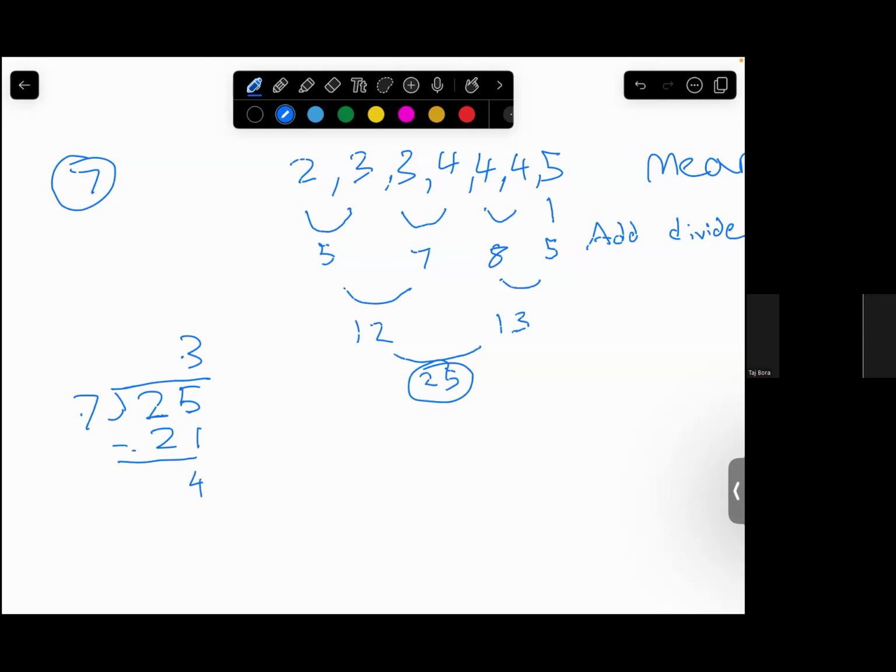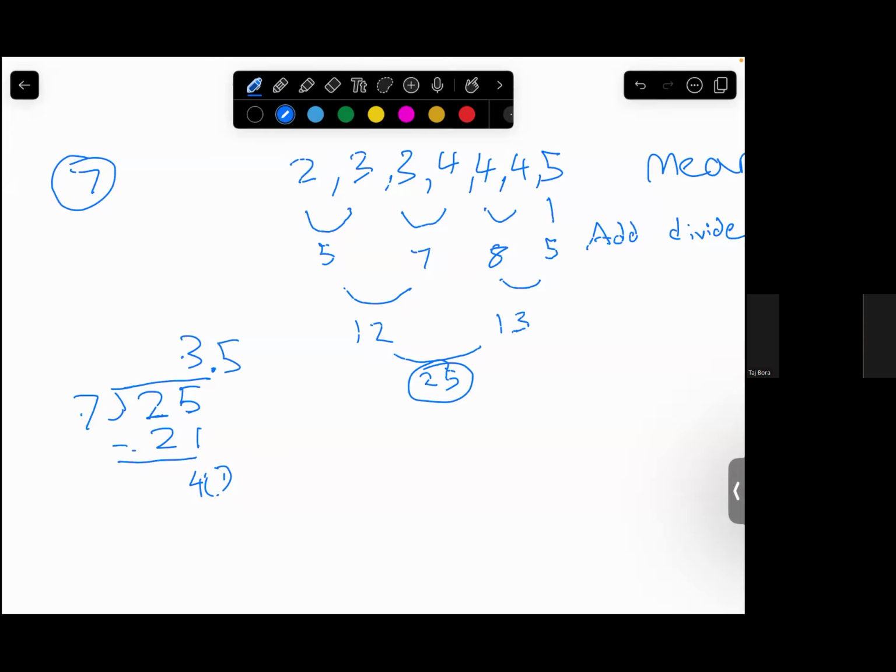And now, just like we were doing before, we put a decimal point, we bring down a 0, and now 7 can go into 40, 5 times.